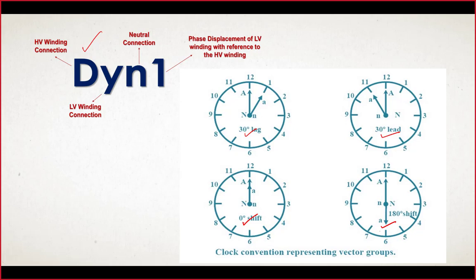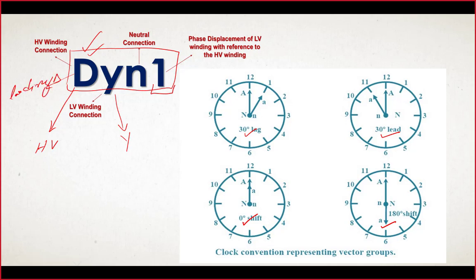Now let's see how we will connect the transformer winding to implement this vector group. According to that, the high voltage side will be delta, the low voltage side will be Y, neutral will be accessible, and then the Y phasor is lagging behind the delta by 30 degrees. It means that this delta should be a leading delta.